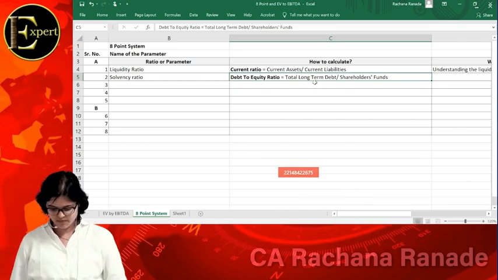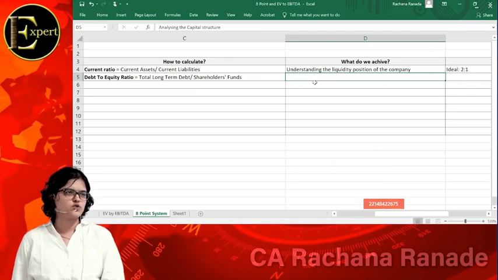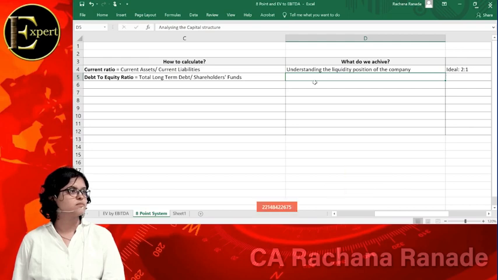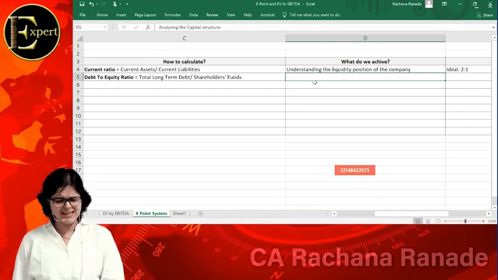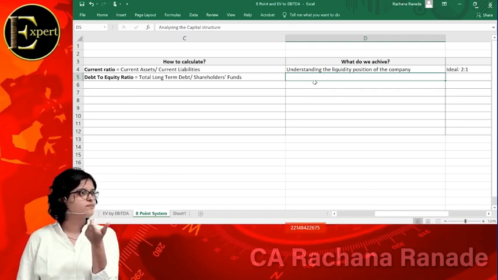Can we go on? What do we understand with this? Debt equity ratio, so what do we understand? It should be less, agreed, but that is the interpretation part. What do we understand if I say this much is debt, this much is equity? Mainly it helps us to understand the composition of funds raised.